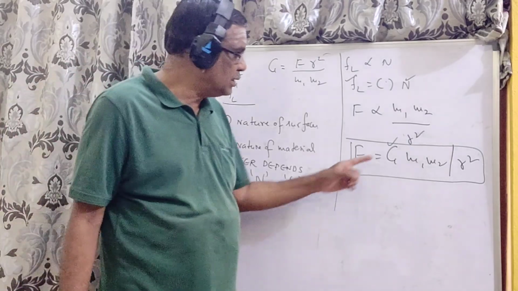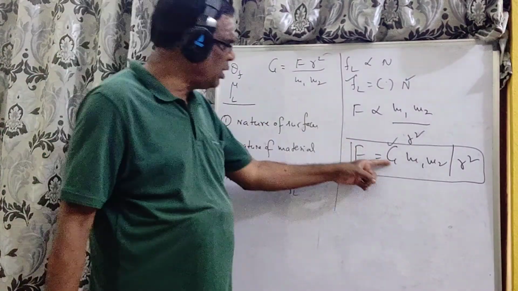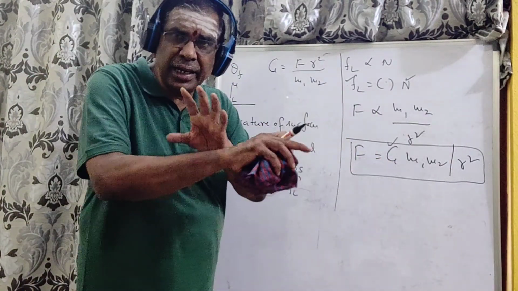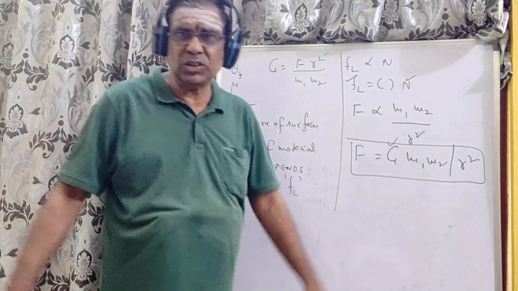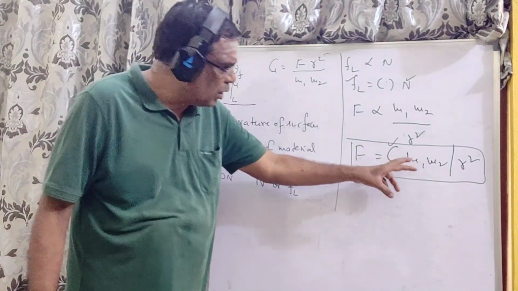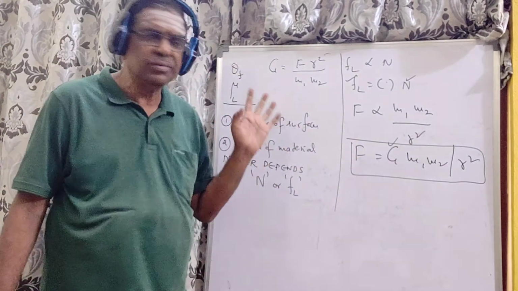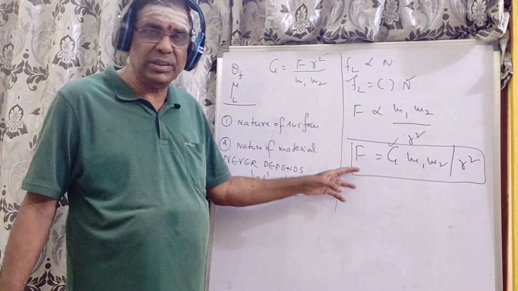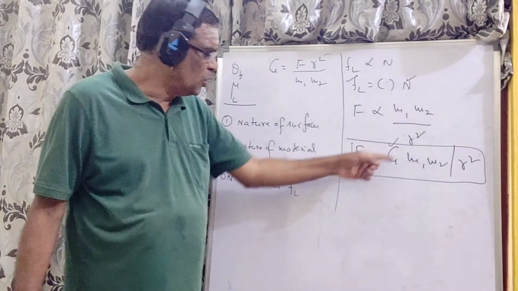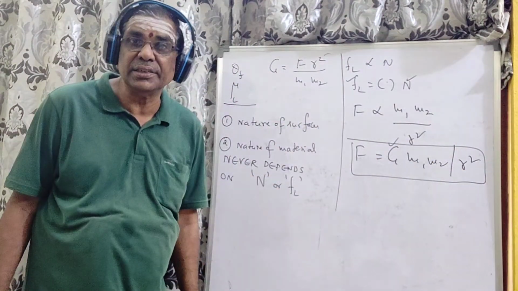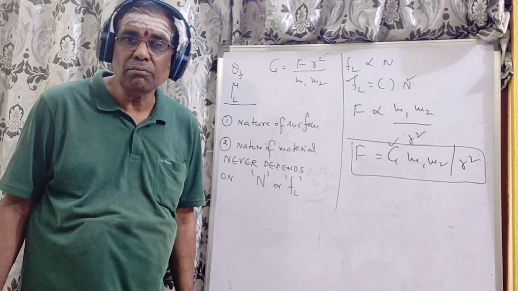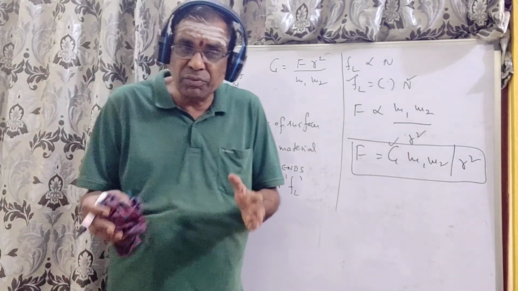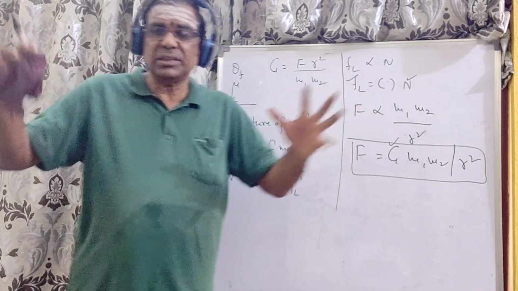The fact is, G never depends on anything, but definitely not on M1, M2 or F. If M changes, F will change. If R changes, F will change to make G constant. Luckily, there you have got that universal gravitational constant.